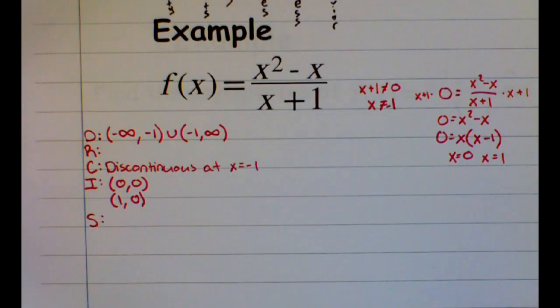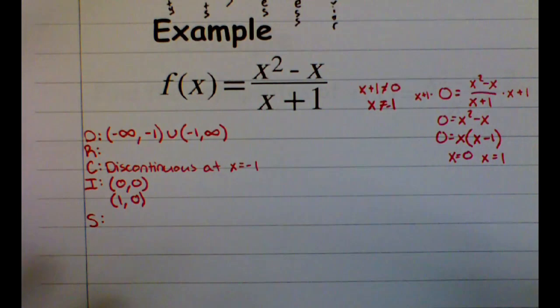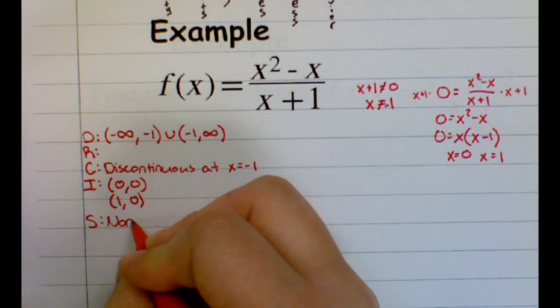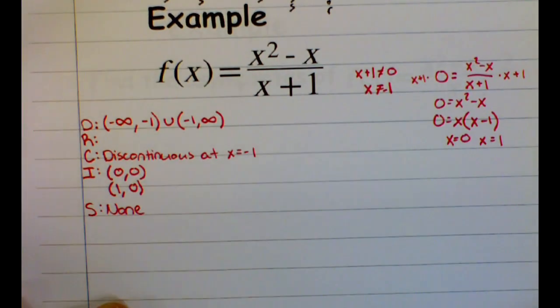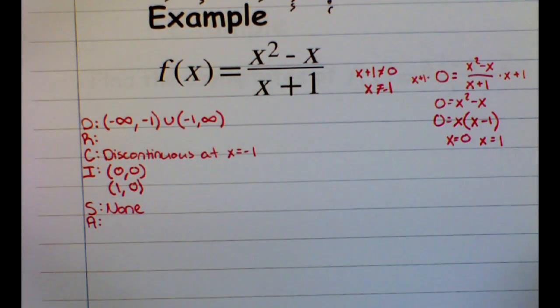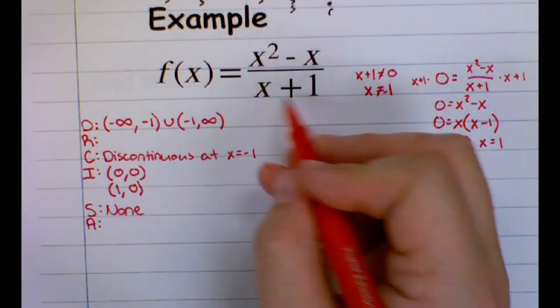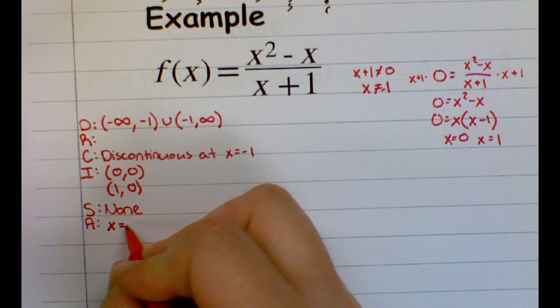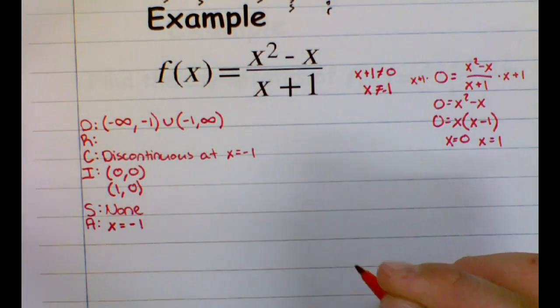Symmetry. Symmetry is if it's like even or odd. This function is neither of those. There's no symmetry. Usually there won't be, and I probably won't even make you write it. A is for asymptotes. So vertical asymptotes, x equals -1. Horizontal asymptotes.